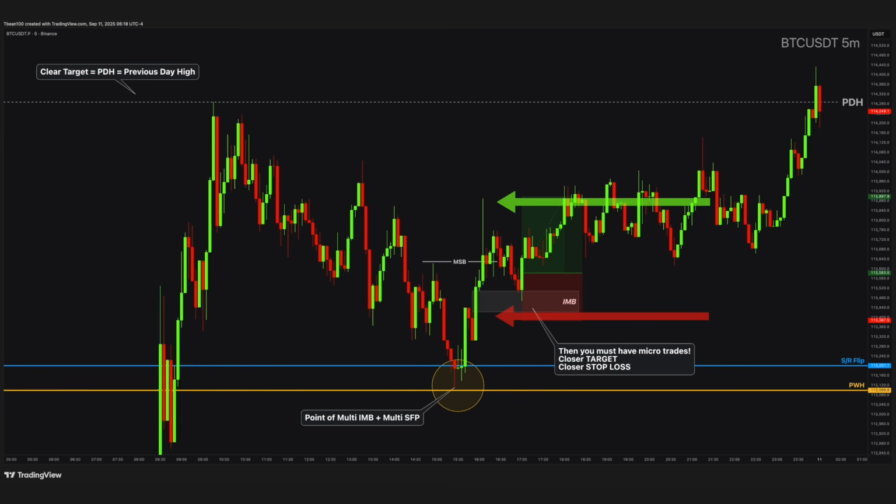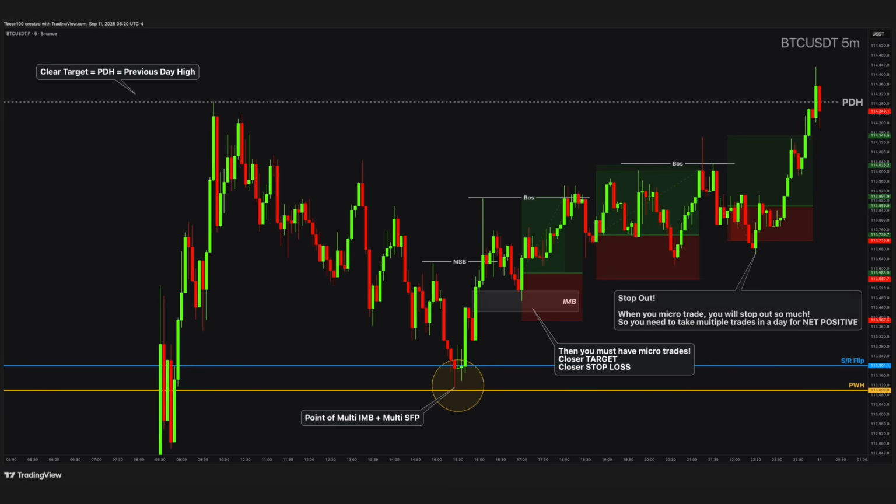This is the only practical way to get shorter trades done successfully. What you do here is actually quite simple. You just follow the trend. With every break of structure, you look for opportunities to take small trades, setting closer stop losses and closer targets. Just like you can see in these examples.